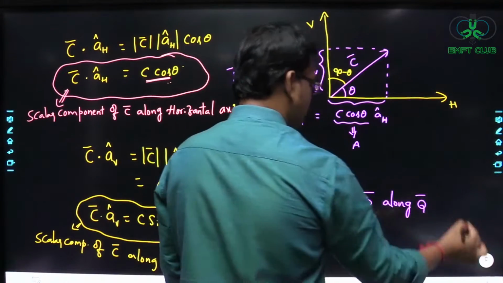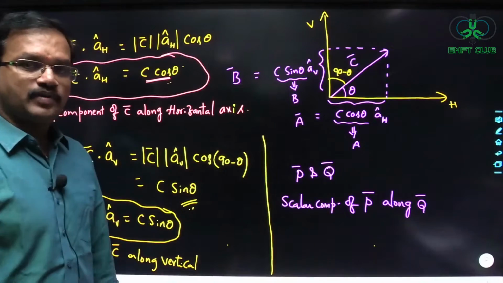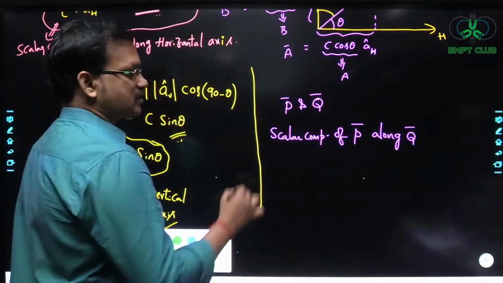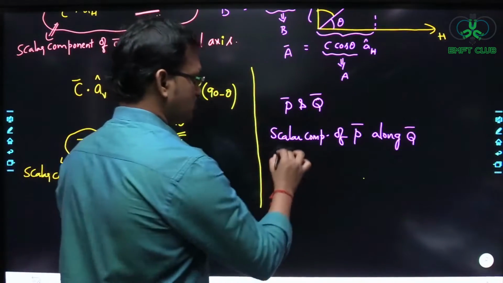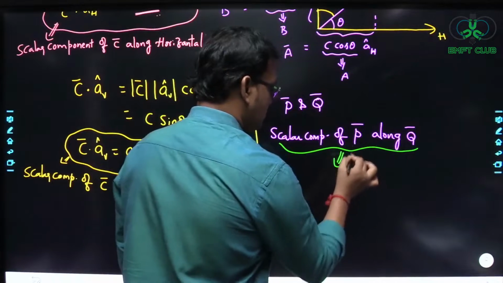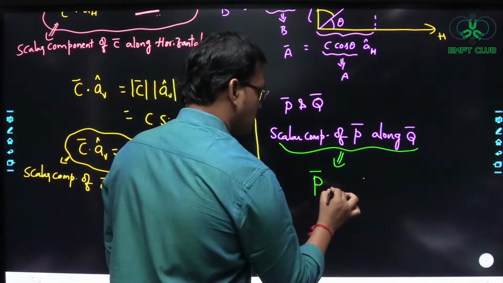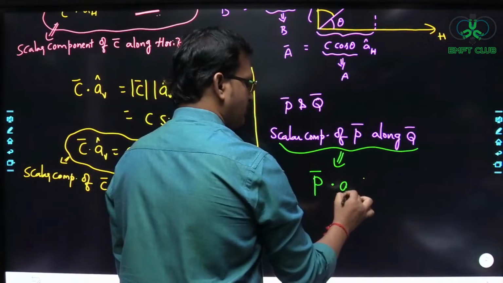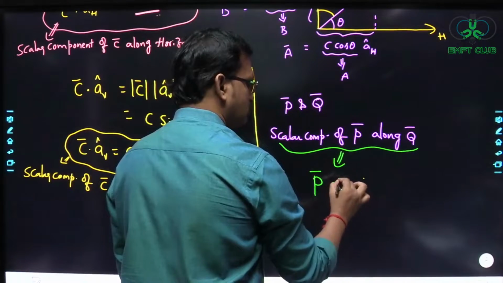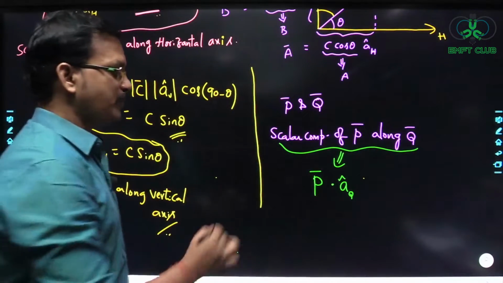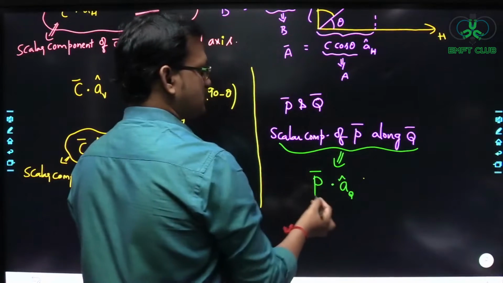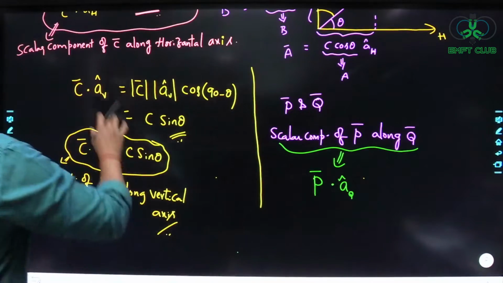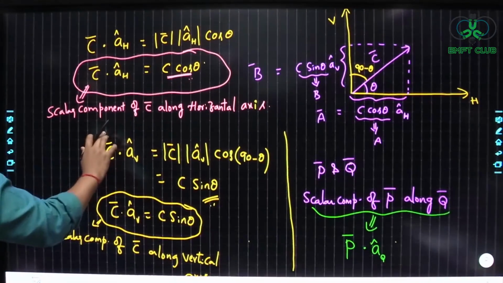How can we determine that? What you have to do is take p bar and do the dot product along q bar, that means write the unit vector along q. So p bar dot aq cap gives you the scalar component of p bar along q bar.